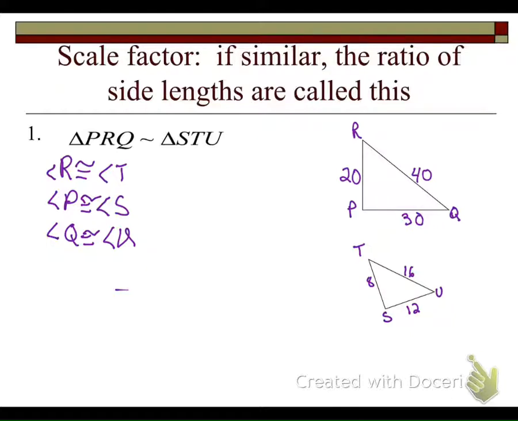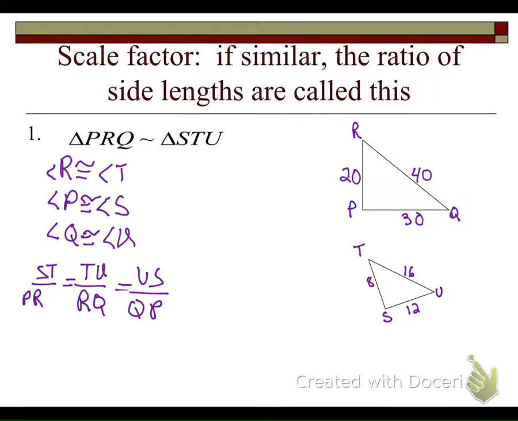If I put ST down first, ST is over PR, which is next to TU. TU is over RQ. And then we have US, which is over QP.